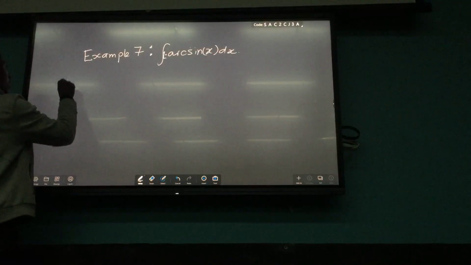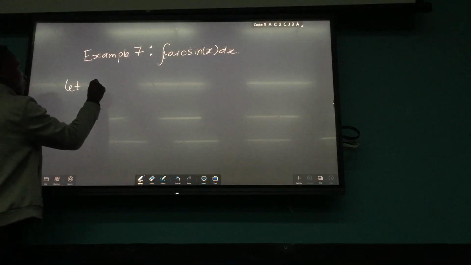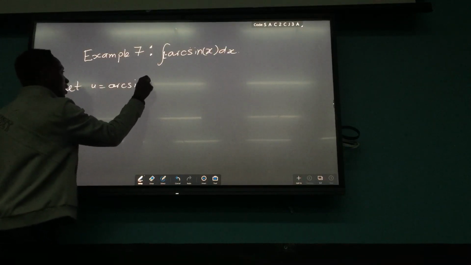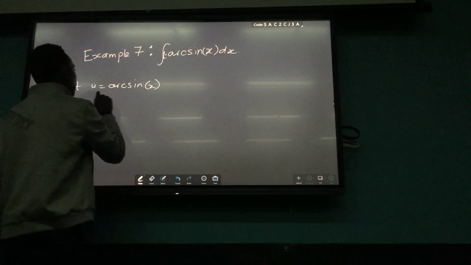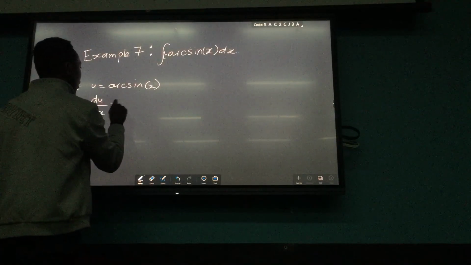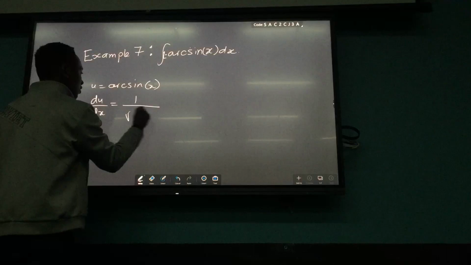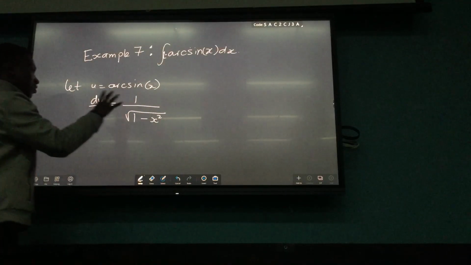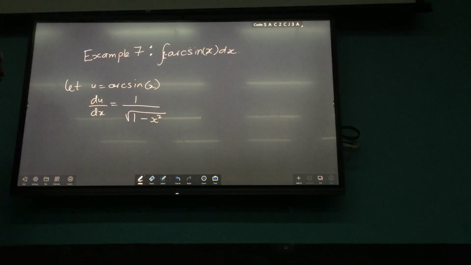So we're going to let u equal arcsin of x, meaning du over dx is going to be equal to 1 over the square root of 1 minus x squared. This is from differentiation of inverse trig functions.